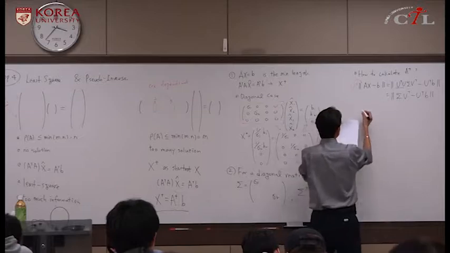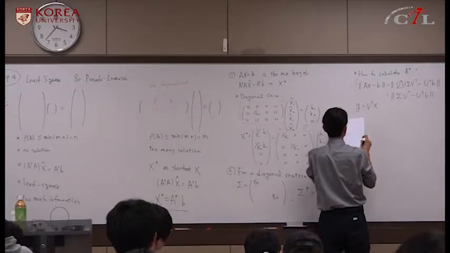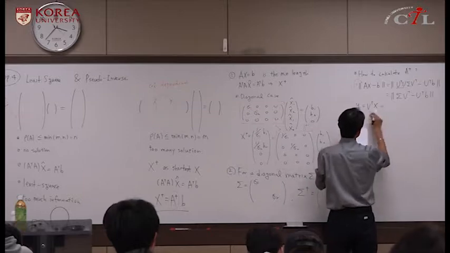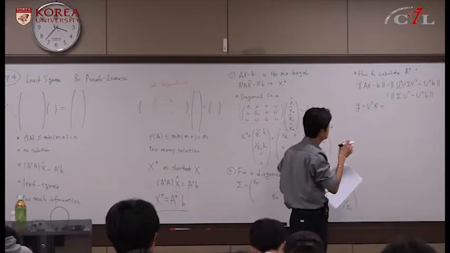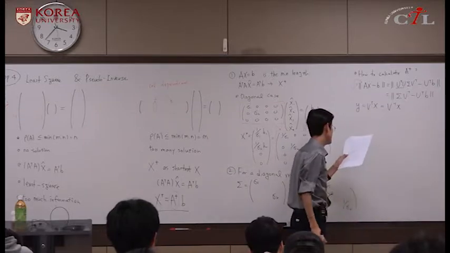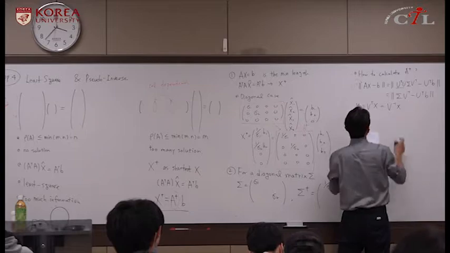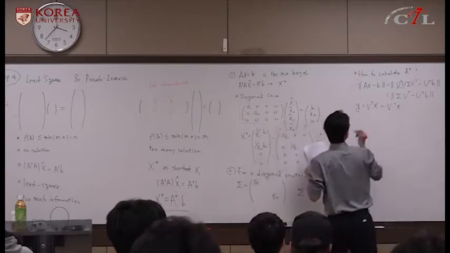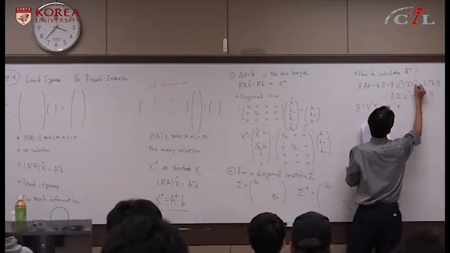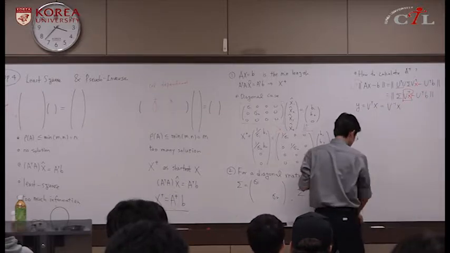Then let's put y as V transpose X. Because V is an orthogonal matrix, we can write V inverse X because of V's property. So this is what we defined as y.